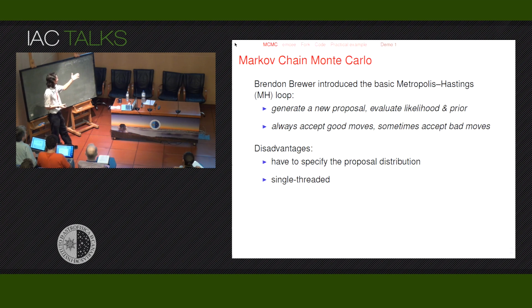Okay, so two disadvantages up front are that you have to give it this proposal distribution. So if you're at a particular point, a distribution of places to jump next. Now, in practice, that can be really easy to do. It can also be really easy to do badly.